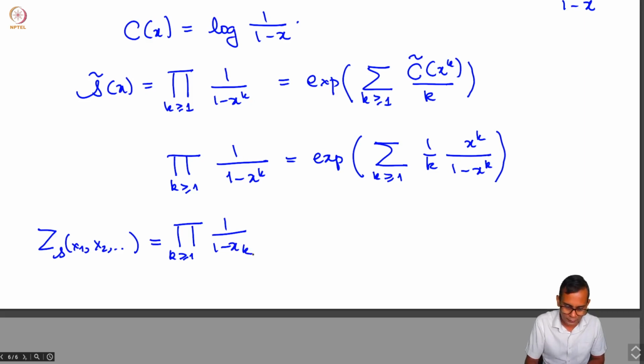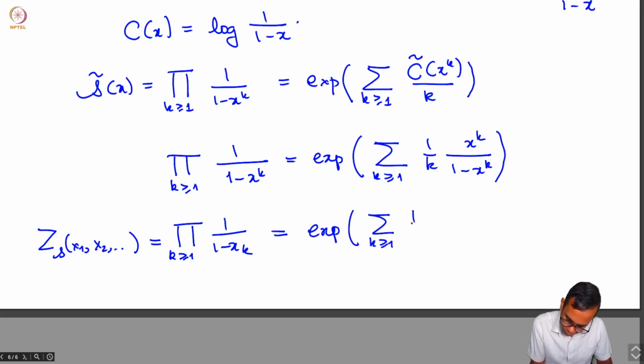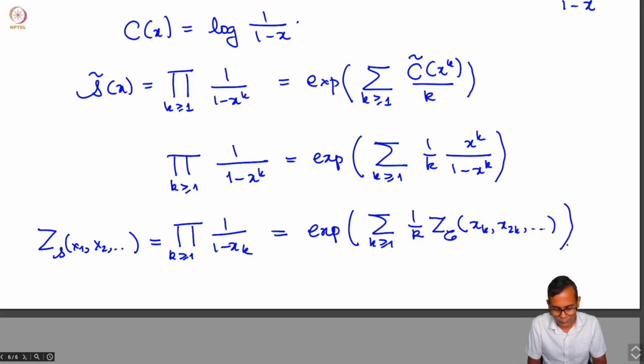But on the other hand, that S is E circle C tells us that this is equal to exp of the sum k greater than or equal to 1 of 1 over k times Z_C of x_k, x_2k and so on. You'll see on the practice problems that it's actually possible to use this to solve for Z_C and recover the cycle index generating function for cycles.